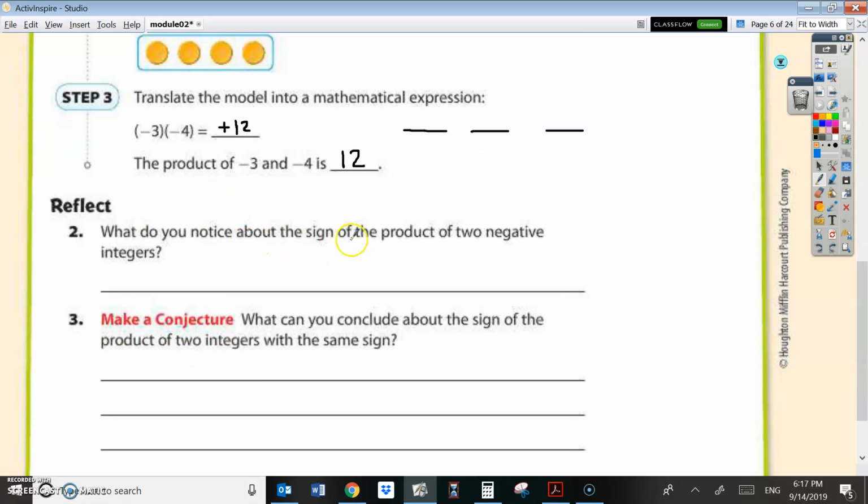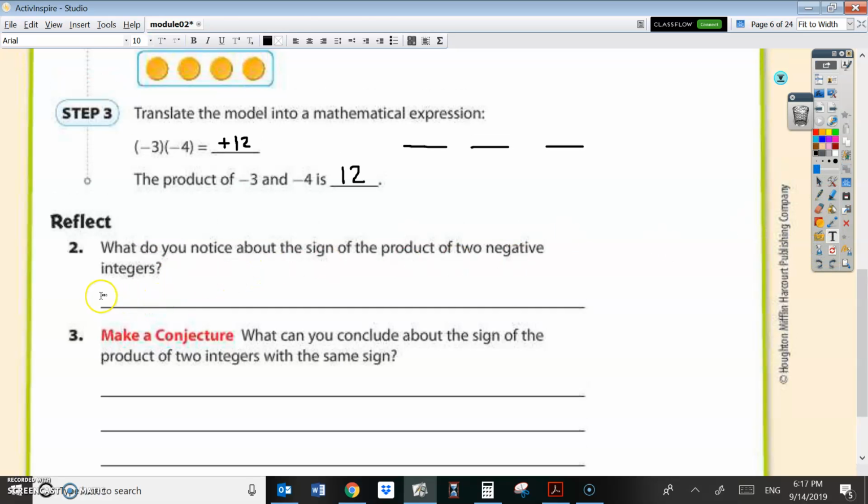What do you notice about the sign of the product of two negative integers? Well, negative times negative is positive.